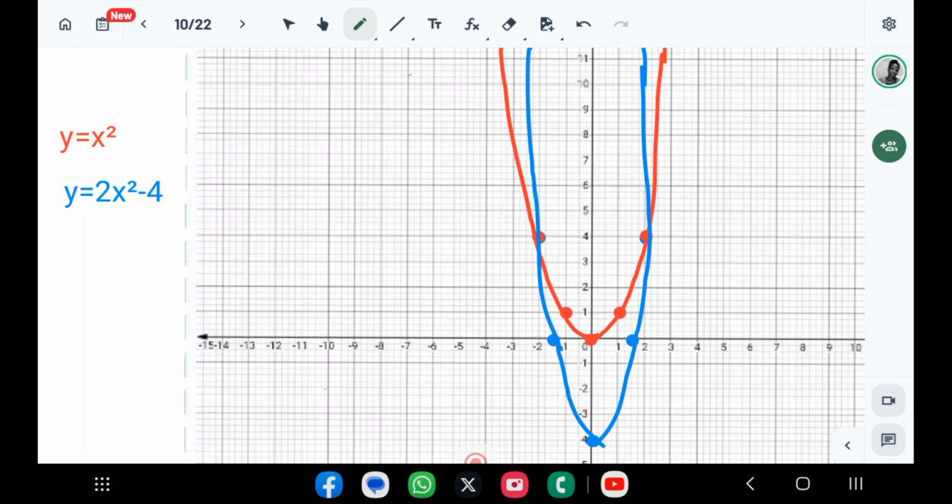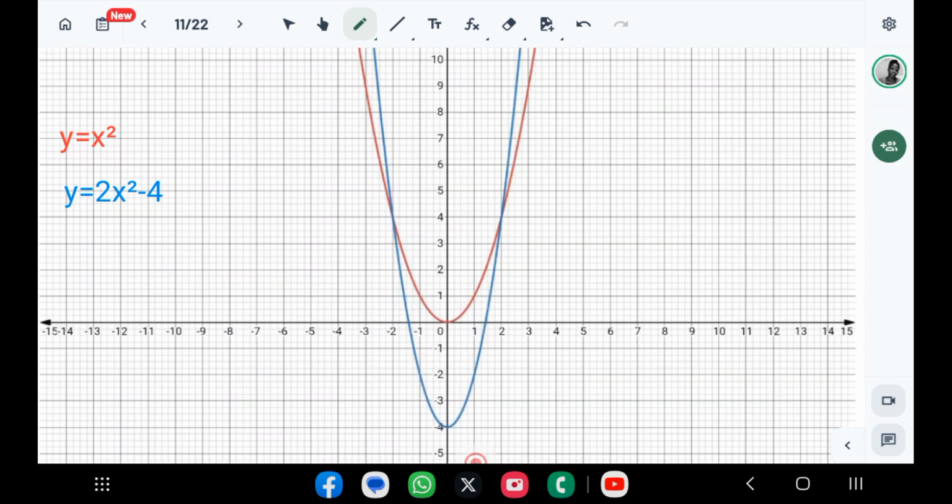Now let's look at what the graph calculator calculated for us. It's exactly what we calculated for ourselves and drew. So this is a correct graph that we drew.